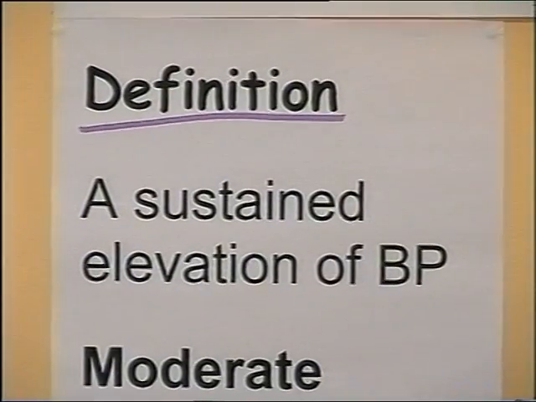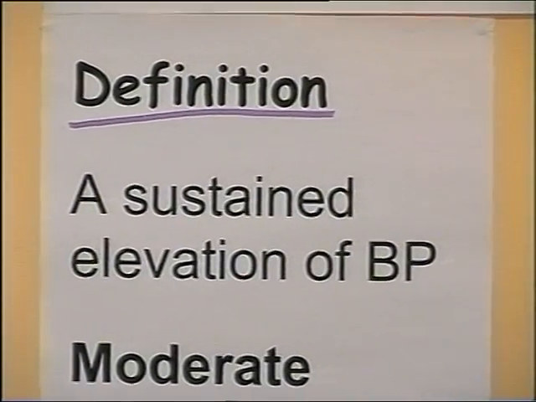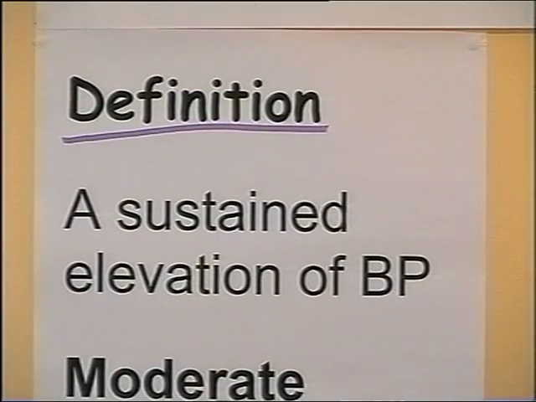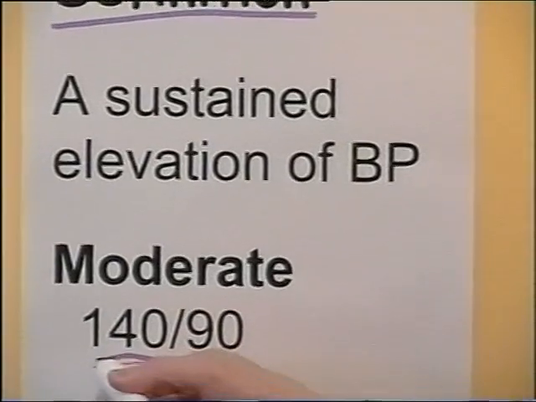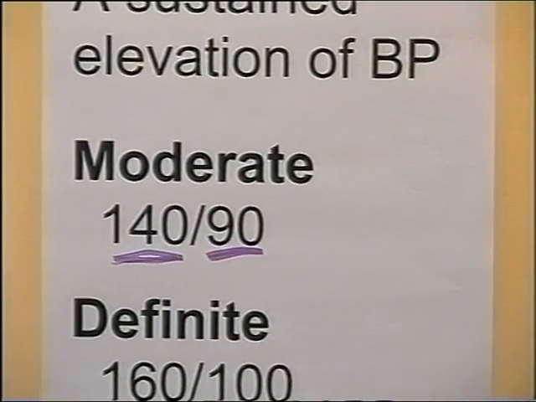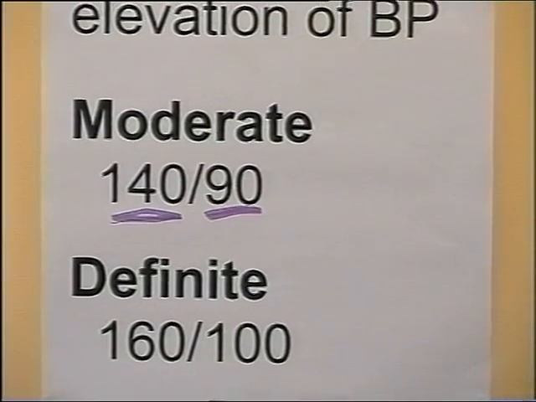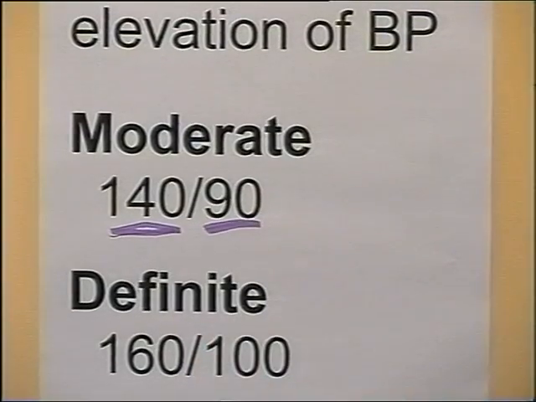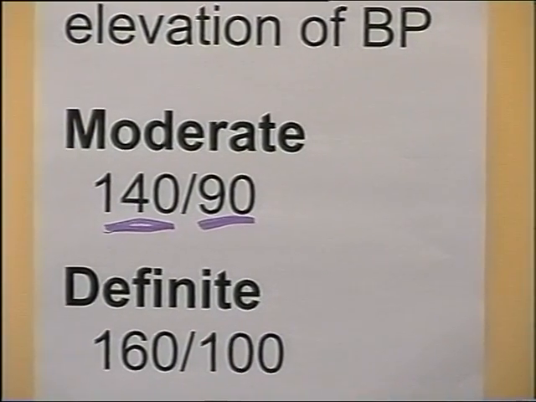Well, if you take a youngish adult, a moderate degree of hypertension would be a systolic blood pressure of 140 with a diastolic blood pressure of 90. And it's important, I think, to realise that elevation of the systolic or the diastolic blood pressure constitutes hypertension.